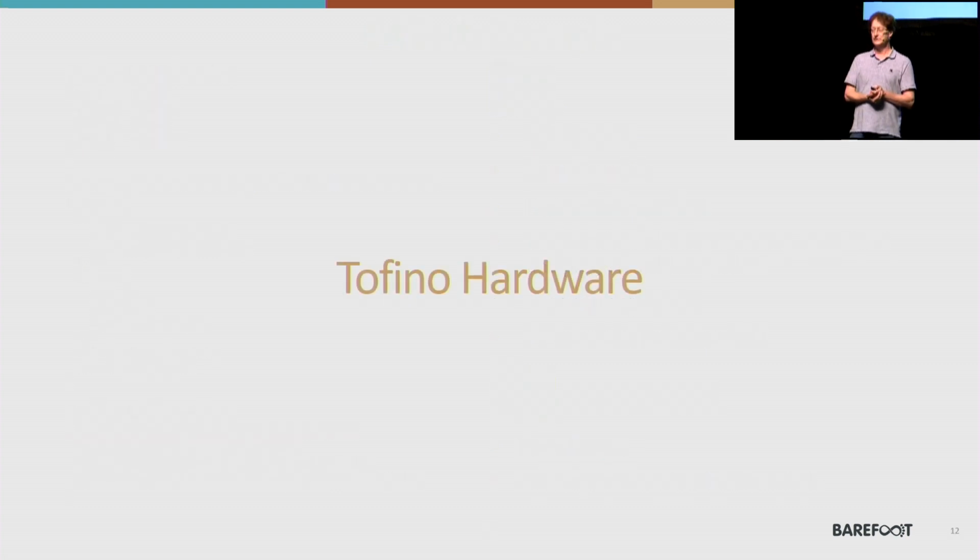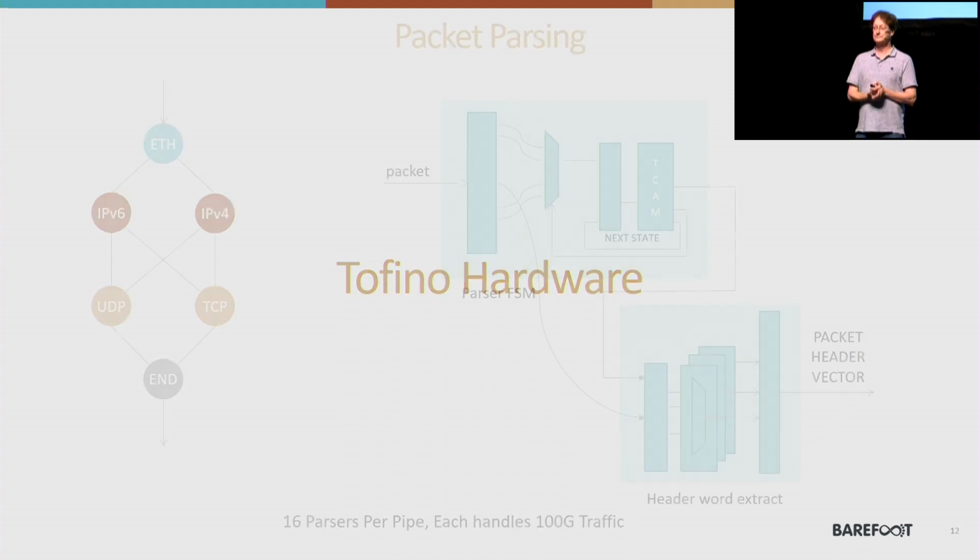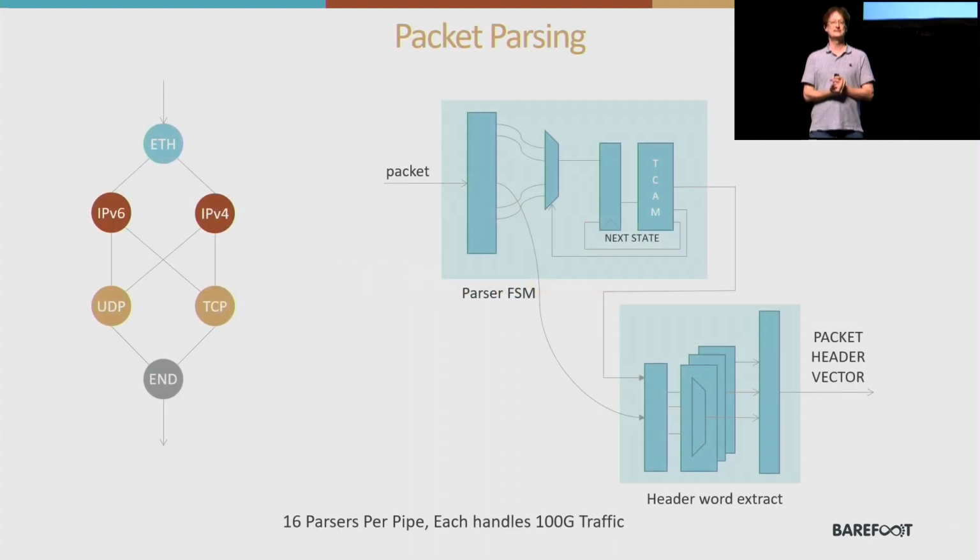So now I want to get into Tofino hardware. Processing starts by parsing packets. Now, for the packet header fields that are defined by P4, each header forms a node in a parse graph with edges to any other header which can immediately follow it in the packet.